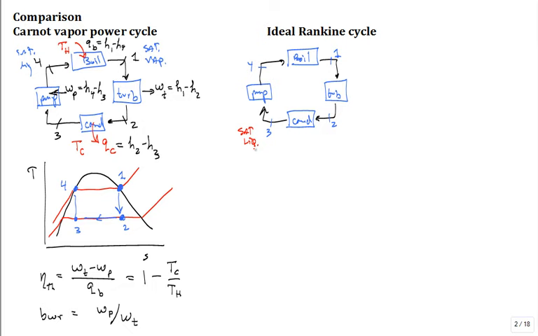State 4. That's kind of a magic state 4 and a magic state 3 and a magic pump that doesn't exist. This is practical. We can actually take a saturated liquid out of a condenser, put it into a pump, and whatever comes out is going to be compressed liquid or subcooled liquid, because it's going to be a lot lower temperature than the saturation temperature at its high pressure. So it comes out high pressure.